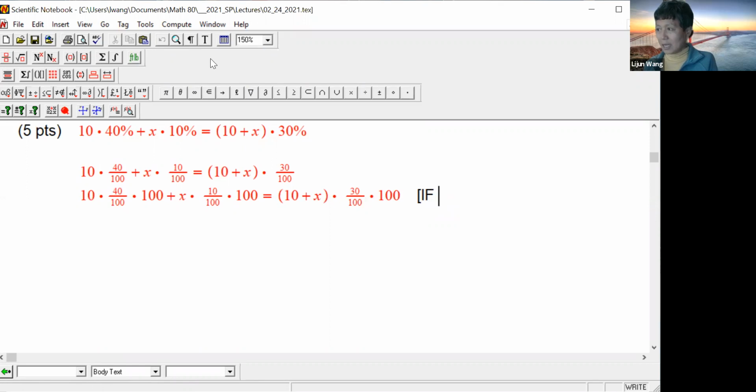If A is the same as B, then AC equals BC, where C cannot be 0. You guys follow me? I'm using that principle. And then what? 100 and 100 reduced, 100 and 100 reduced, right?